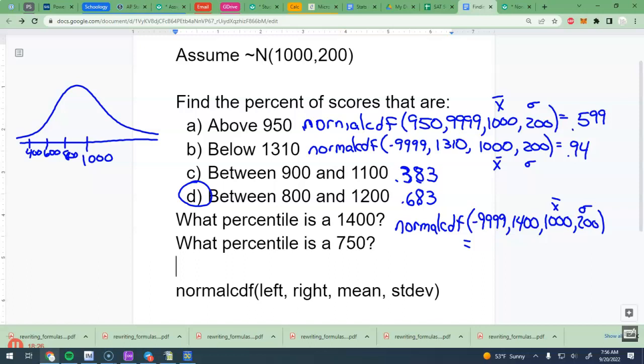So I got 0.977. That one, what percentile is a 750? Change that 1400 to 750. So I got 0.106 for that.